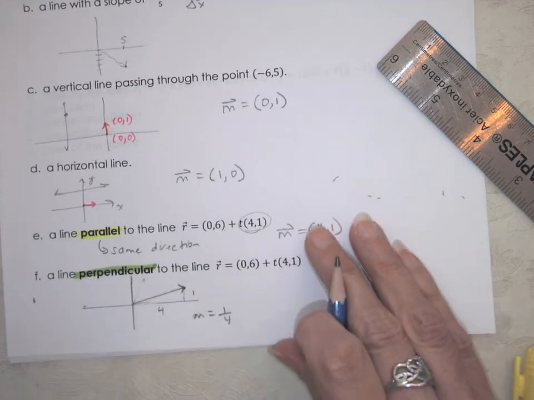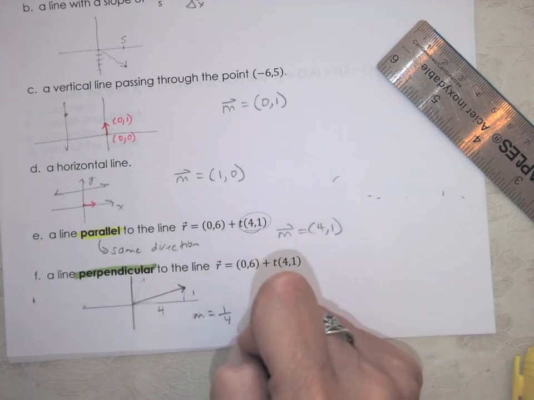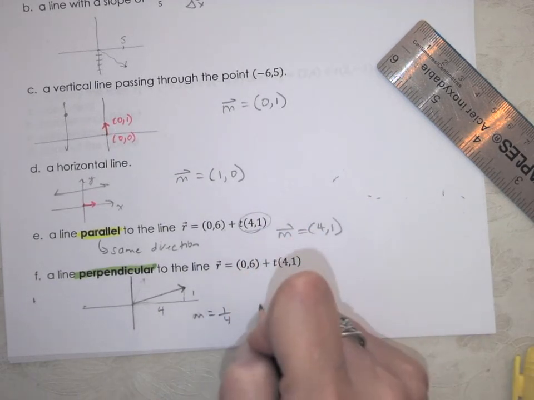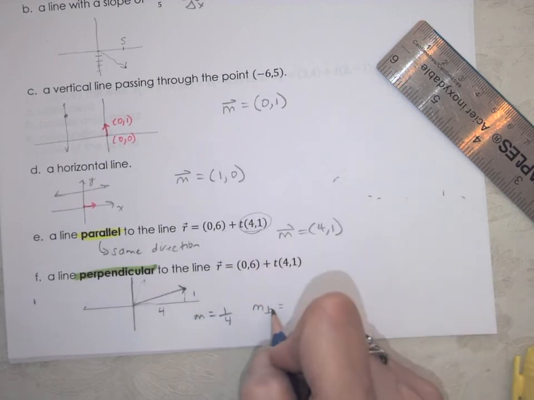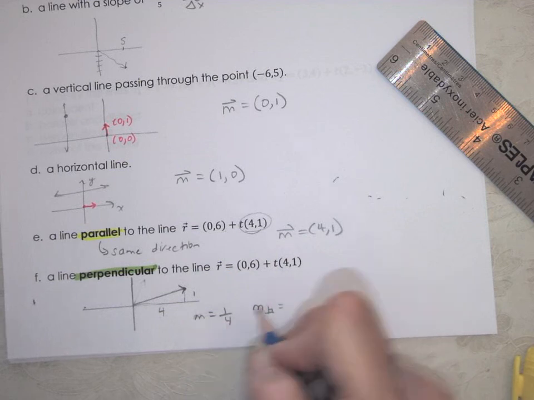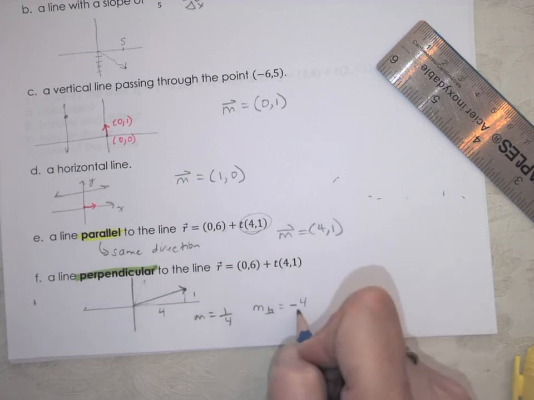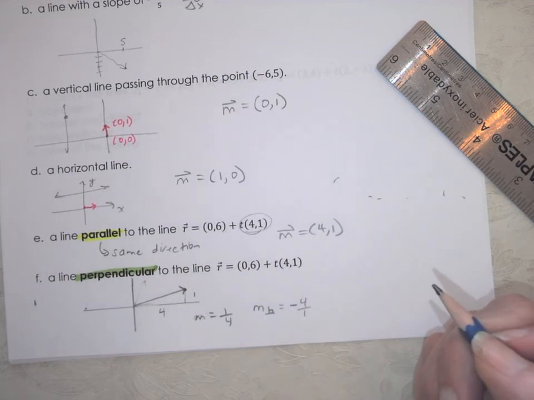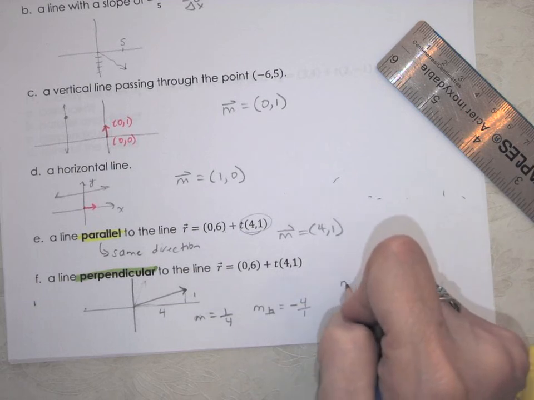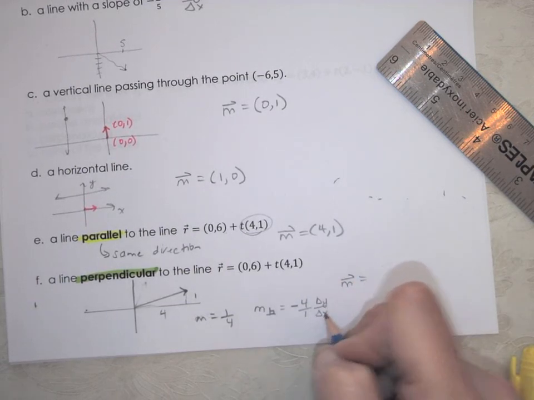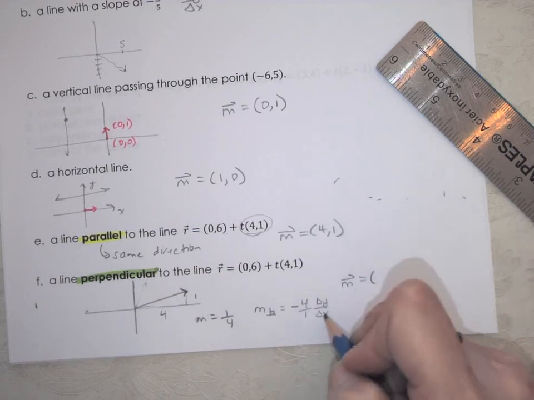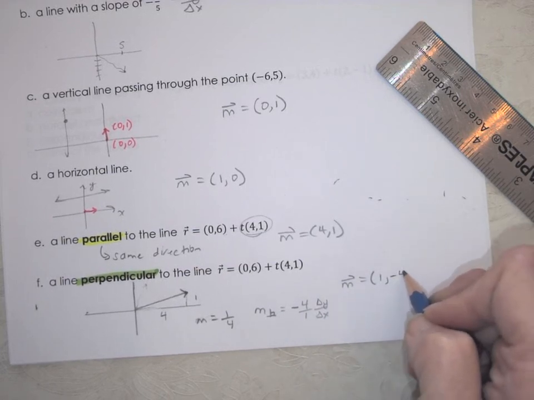So we know from grade 9 that if we want a perpendicular slope, it's going to be negative 4 over 1. And then if we want to write that as a direction vector, remember slope is change in y over change in x. So as a direction vector, it's going to be 1, negative 4.